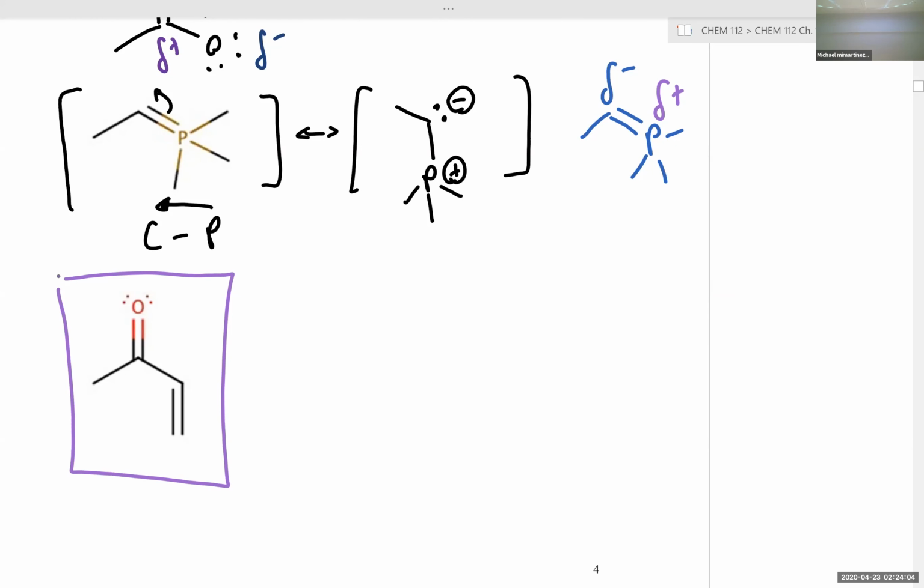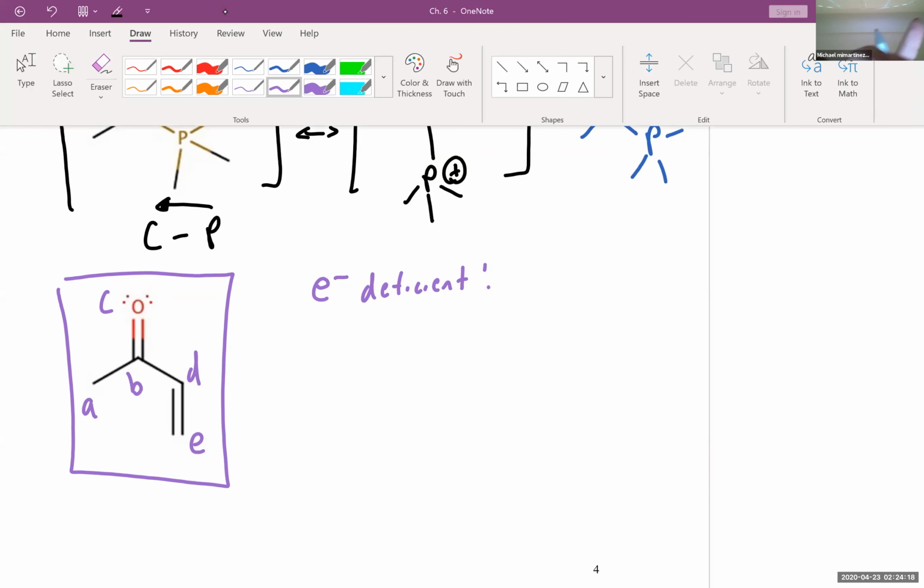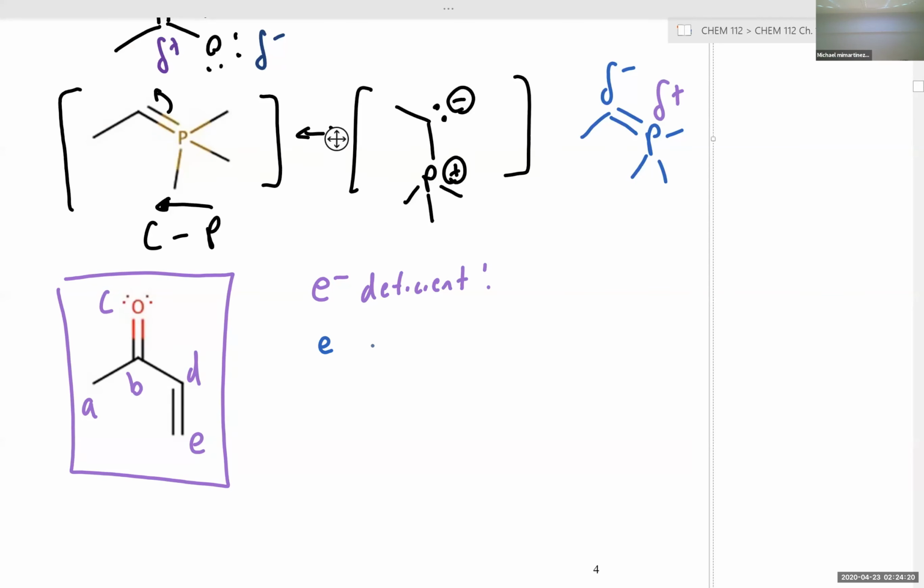I'll put some letters here: A, B, C, D, E. I'd like you to tell me which sites are electron deficient and which sites are electron rich. Take about 2 to 3 minutes to work through that problem, and we'll come together as a group to discuss.